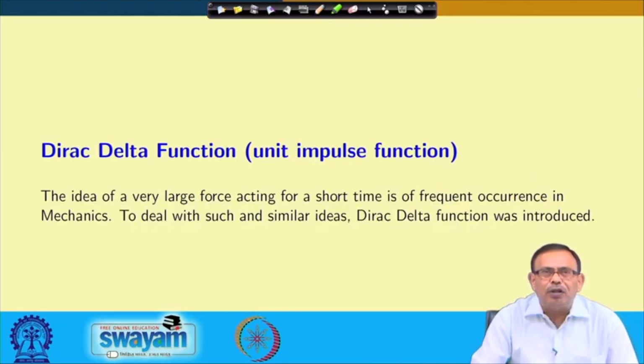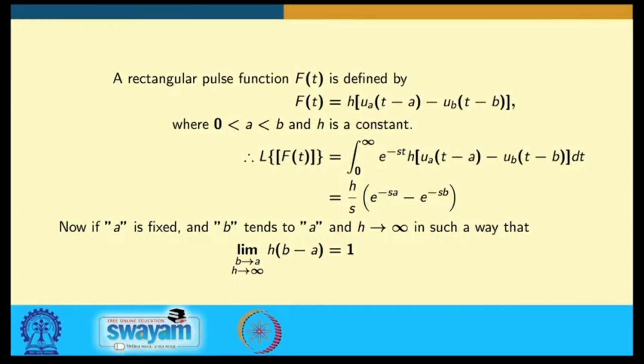Please note in this case the Dirac delta function, again I am repeating it, the idea of a very large force acting for a very short time is of frequent occurrence in mechanics. To deal with such and similar ideas, the Dirac delta function was introduced, and in mechanics this function is used very frequently. For this reason it is important for us to know the Laplace transform of this kind of function.